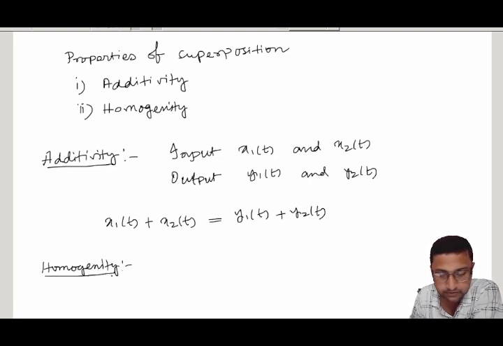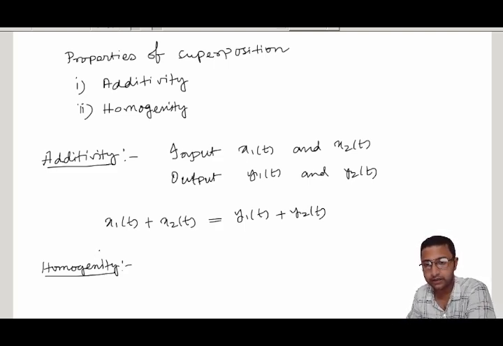What is the property of homogeneity? Suppose the input signals are x1(t) and x2(t), and the corresponding outputs are y1(t) and y2(t).